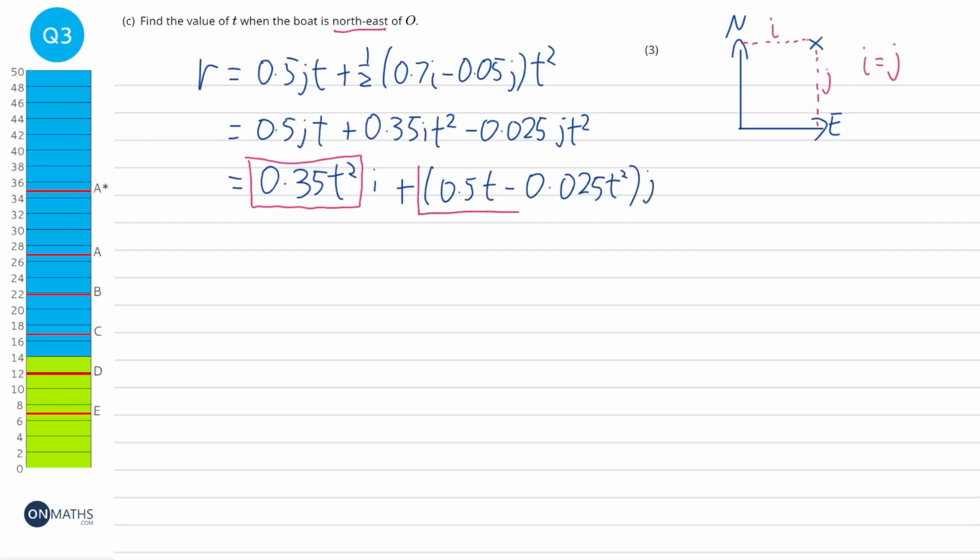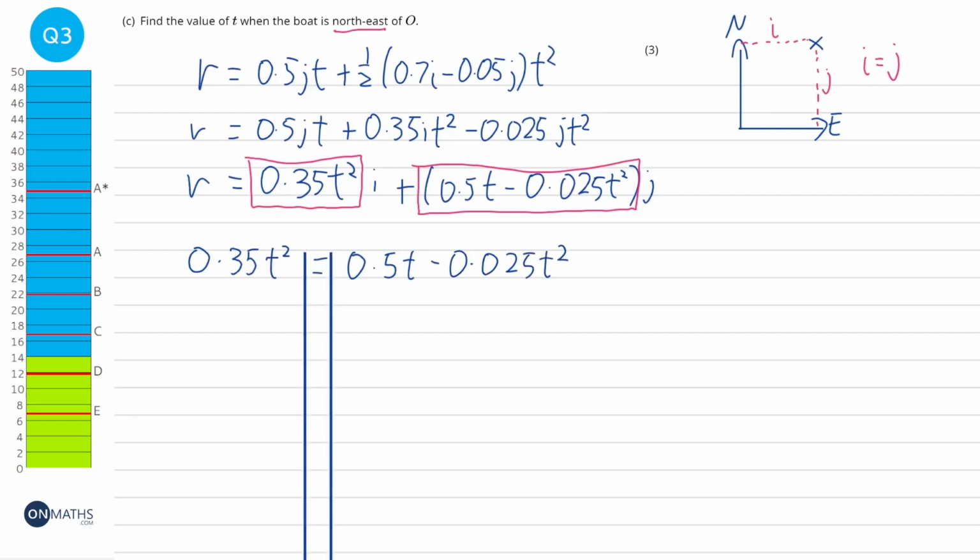So this whole bracket here is the j component. And as we said, the i's and the j's will be equal when it's exactly northeast. So what we can do is put 0.35t squared, the i component, equal to the 0.5t minus 0.025t squared. Now we can put our lines in and start solving it.